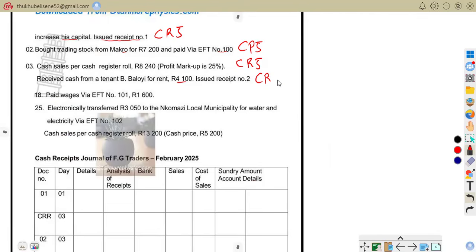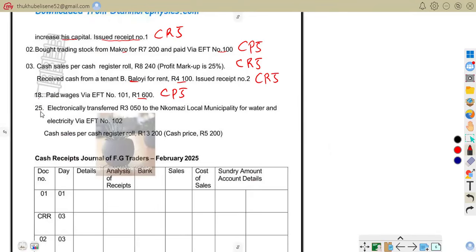So this one is also CRJ, cash receipt journal, because you're going to receive money from our tenant. On the 18th, paid wages via electronic funds, invoice number 01 for 1,600.